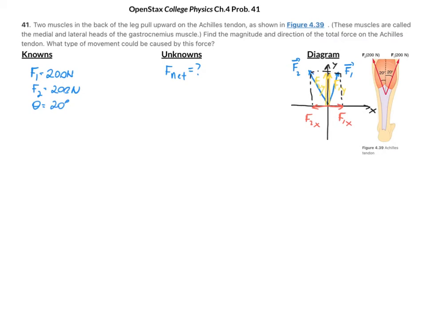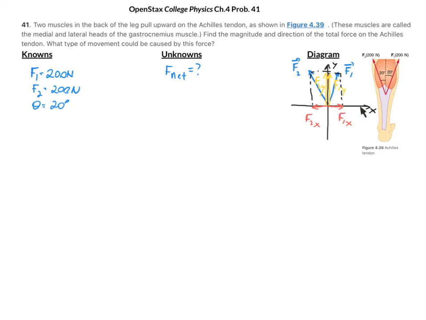All right, so if I look at the values that we were given, both F1 and F2 are 200 newtons. And the angle that they make with a vertical is 20 degrees. What that means is that the magnitude of F1 and the magnitude of F2 is the same, and since these two angles are the same, when I project them onto the x-axis, I get F1x to have the same magnitude as F2x, but the two of them have different directions.